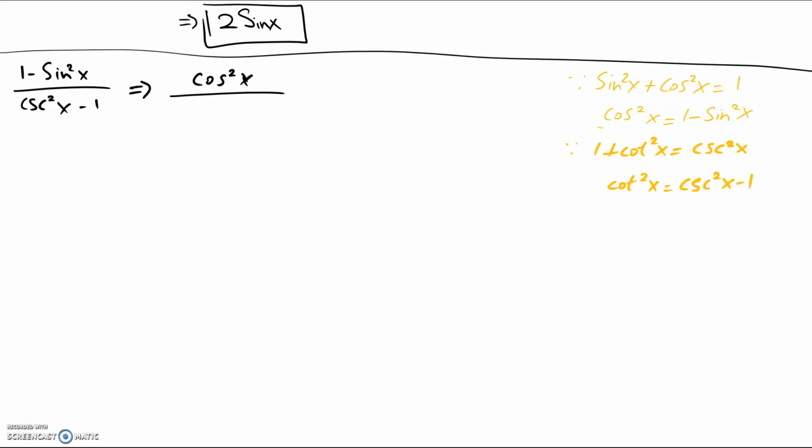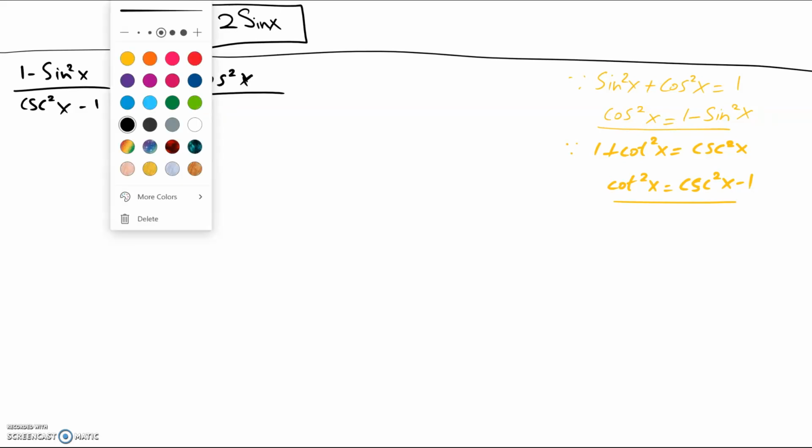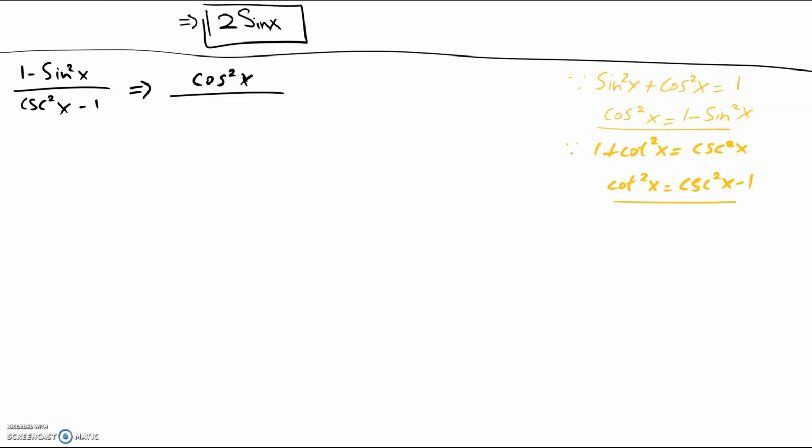Okay, this identity for the numerator and this identity for the denominator. You're going to have cot squared x. Clear? Now we should know what cot squared x is equal to.